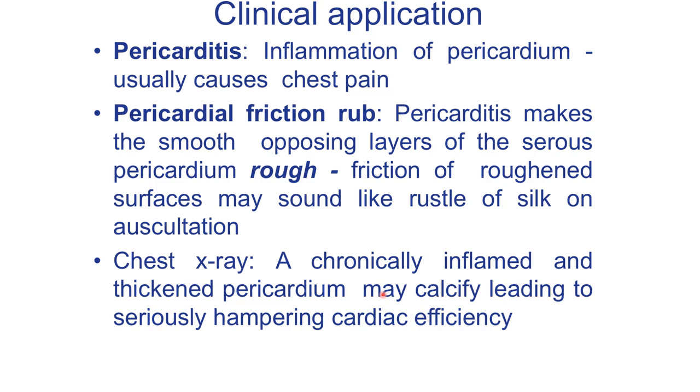So pericarditis makes the smooth opposing layers of the serous pericardium rub each other, and this can be picked up during auscultation, where you can hear this added sound, the pericardial friction rub.